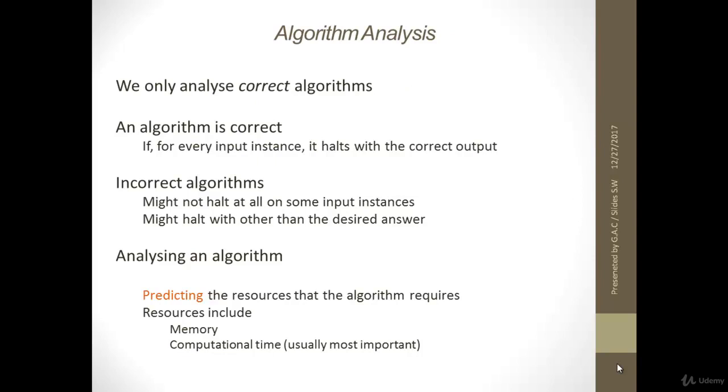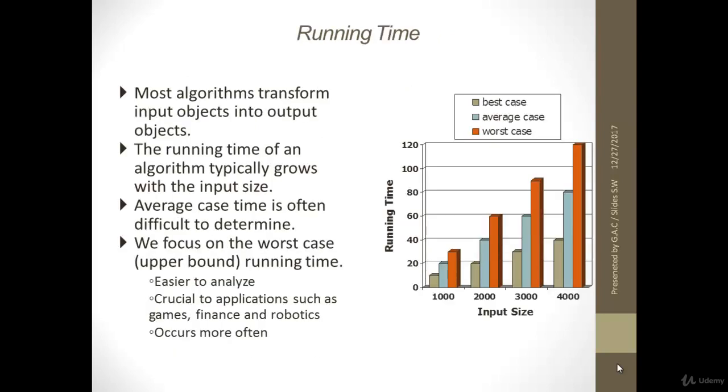Before talking about efficiency, we got to know that an algorithm should be correct. We only analyze correct algorithms. Next we discussed the running time: best case, average case, worst case.